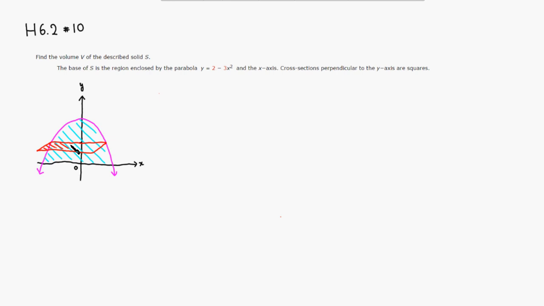Alright, so let's see if we can express the area. Let's pull out the square, and since it's a square, we just need to know one side.